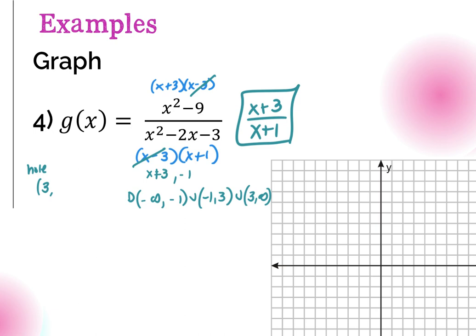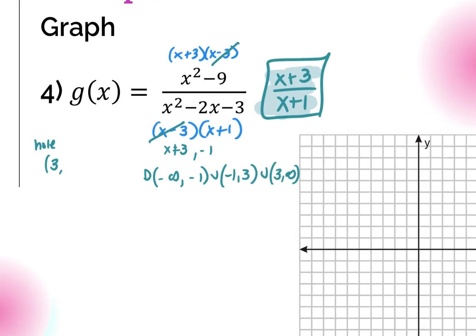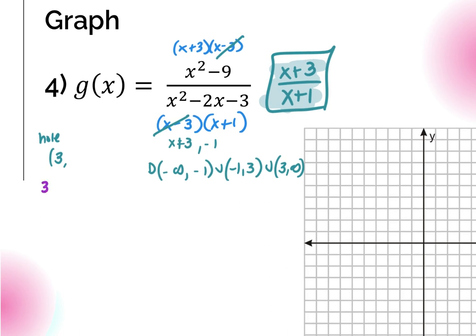Now everything after this, we use this updated, simplified. So if I take the hole, I take the 3 and plug it in, I get 3 plus 3 over 3 plus 1, 6 over 4, or 3 halves, which is the y coordinate of your hole.